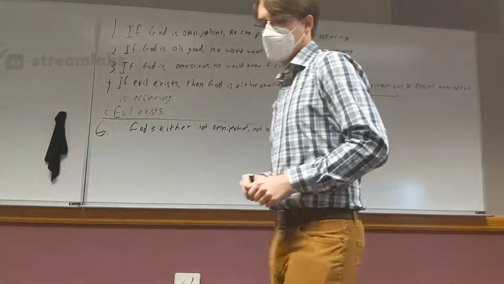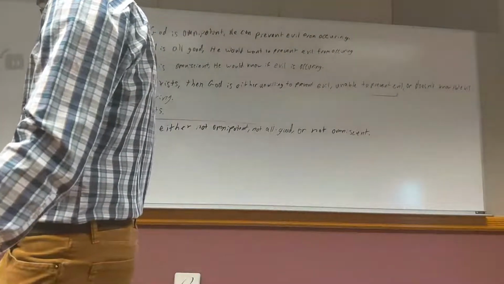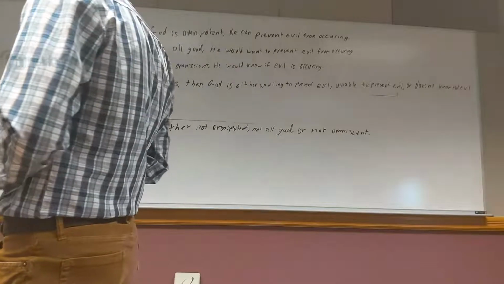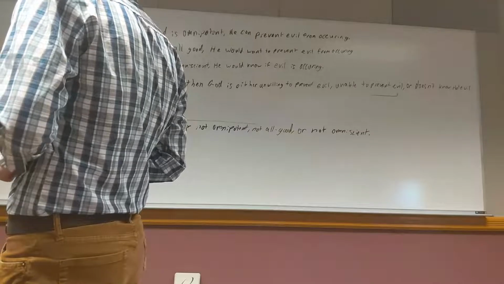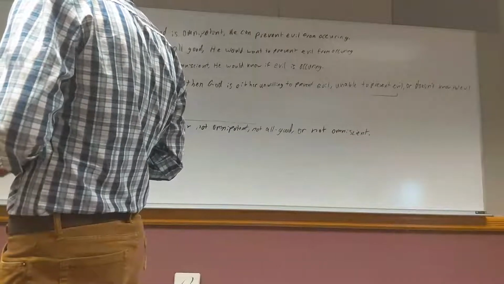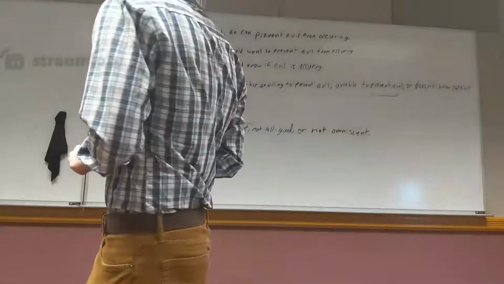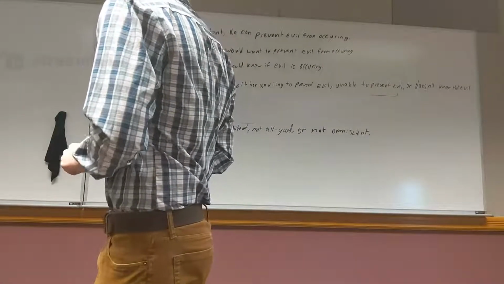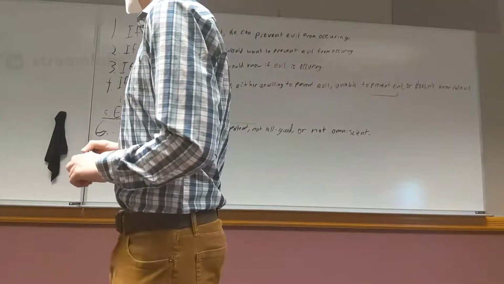One thing interesting to note, and this is not a criticism, so don't take this as a criticism. Premise 2 says if God is all good, he would want, right? But 4 says God is unwilling. Now, those words aren't the same thing, right?